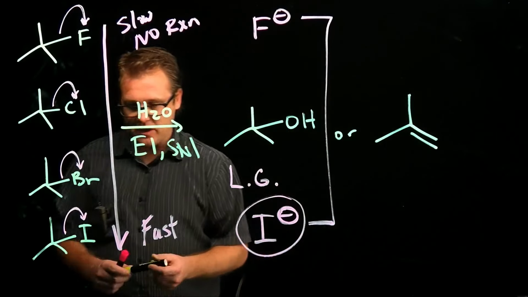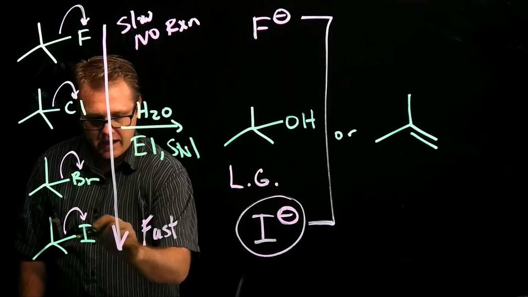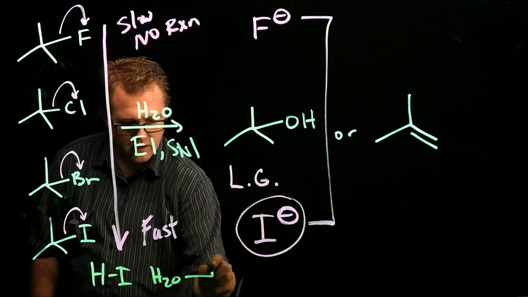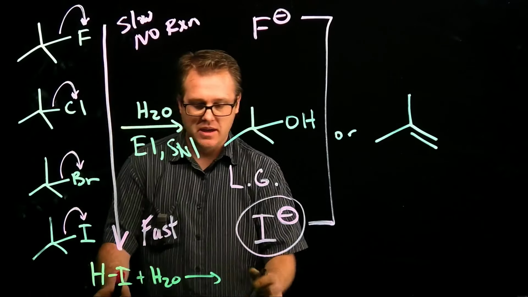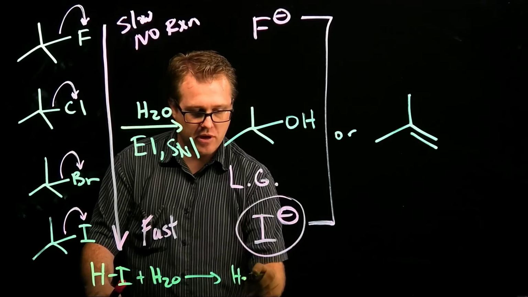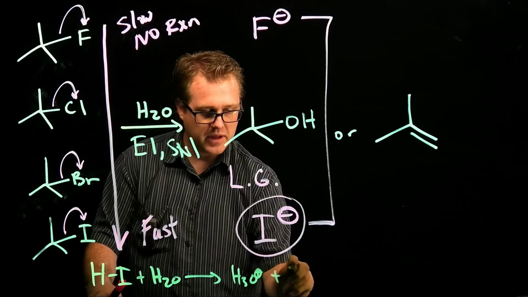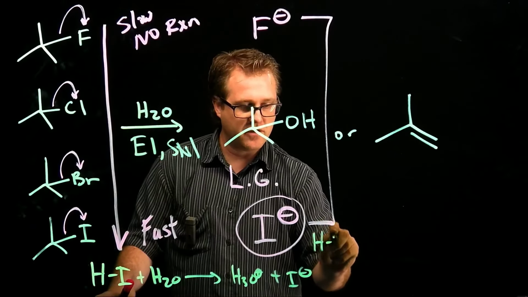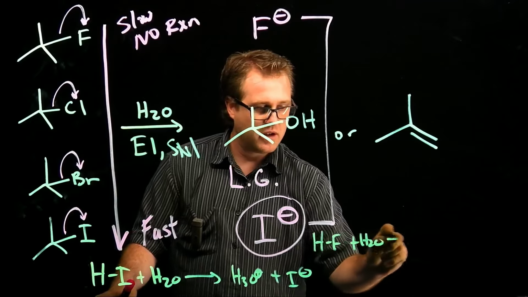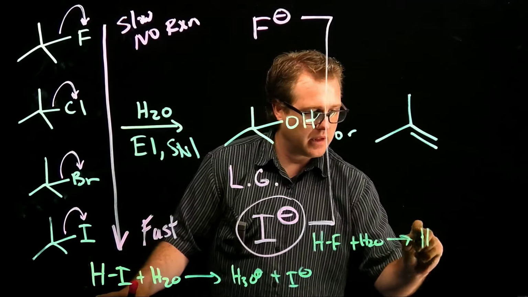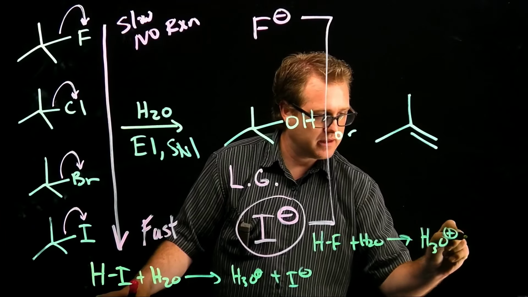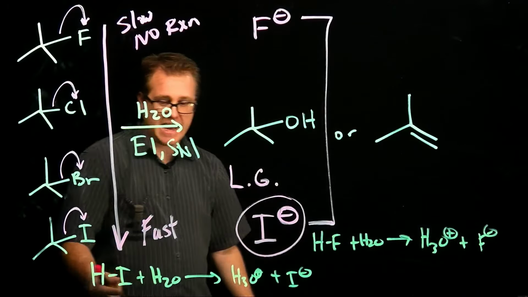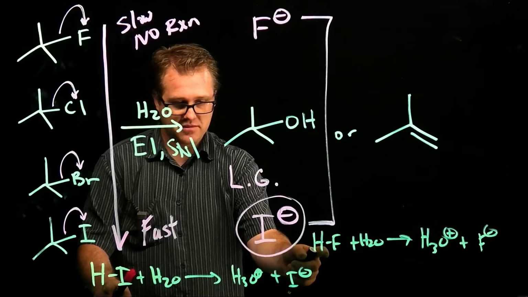Another way we've looked at this is if we look at the iodide and then look at it in water. Then it's going to generate our hydronium plus our iodine, right? And if you compare that to hydrofluoric acid and water, you would get H3O plus our fluoride, right? And we just ask ourselves, which one's the stronger acid?